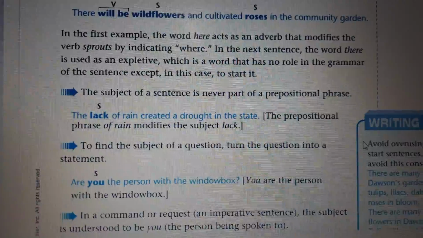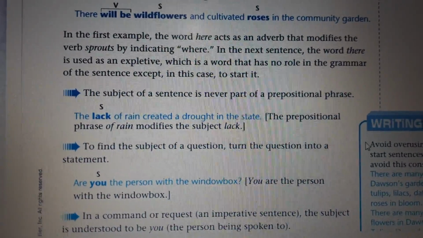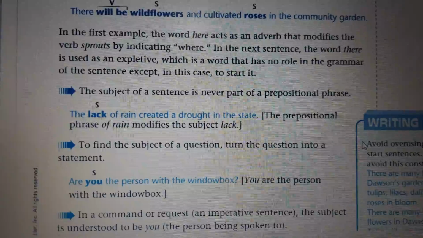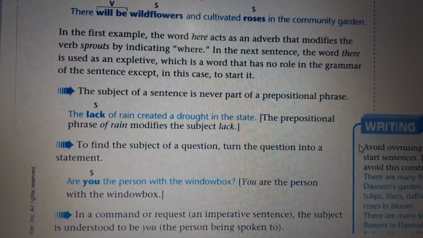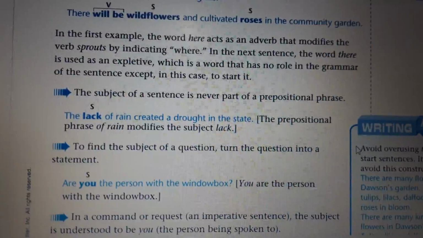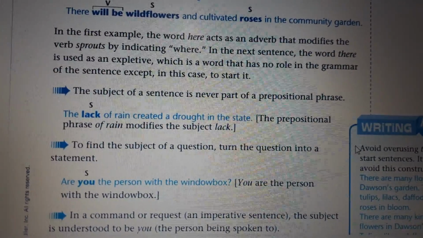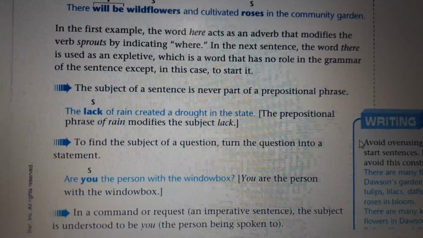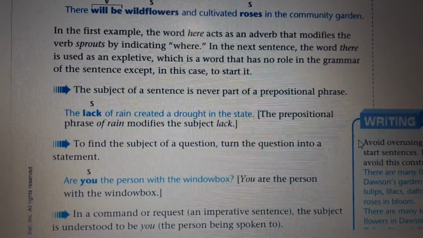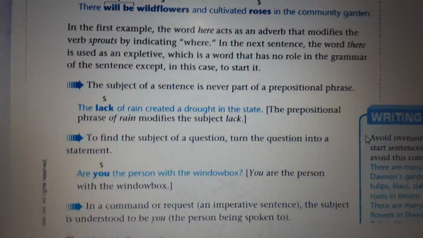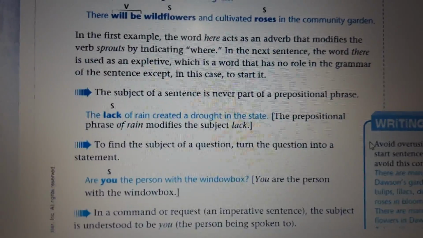So here, the lack is the subject, and the prepositional phrase of rain modifies the subject lack. So the lack of rain created a drought in the state. So here again, the prepositional phrase of rain modifies the subject lack. Okay, that's why.